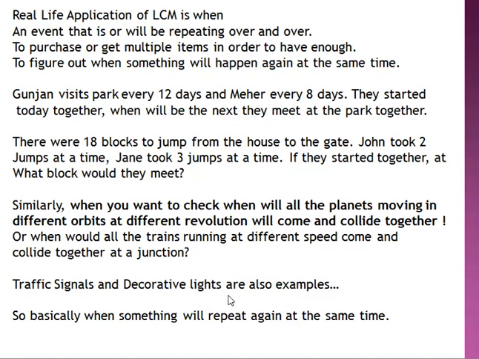So how these lights and traffic signals can meet at one point at the same position: basically, when something will repeat again at the same time, it is useful in LCM, that is least common multiple.